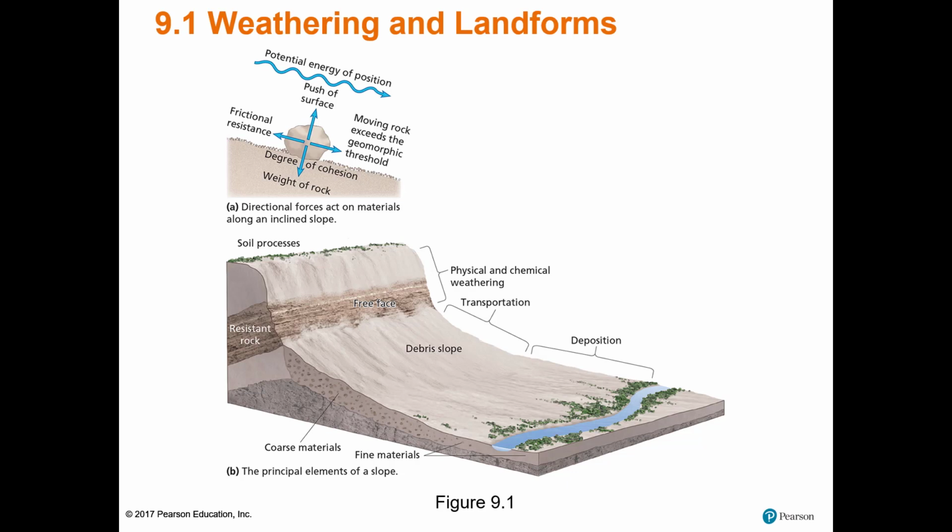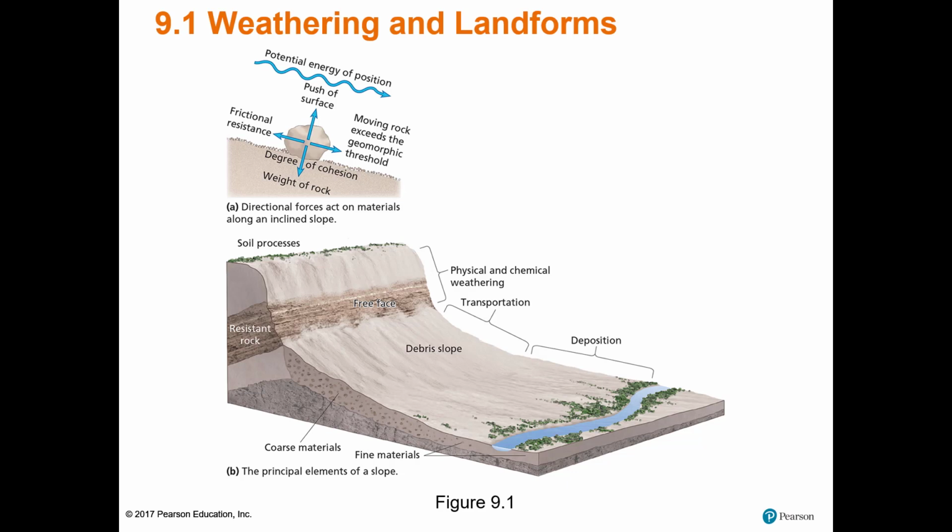And then at the bottom, we have the principal elements or the parts of a slope. So starting at the top, we have soil processes. Below that, we have a free face or a front of the slope, and then there's a debris slope where it's not quite as steep as the free face. And then at the bottom, we see the fine materials, and in this case, it's a riverine system with trees and water flowing through it.